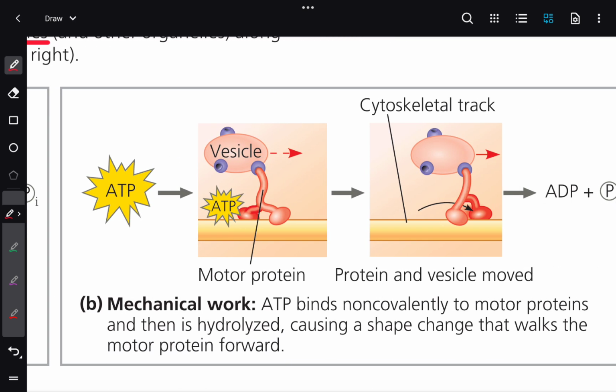Now, as for mechanical work, ATP binds non-covalently, as in weakly, to these motor proteins within the cell. Then, after it binds to these motor proteins, it is hydrolyzed, causing a shape change that walks the protein forward.